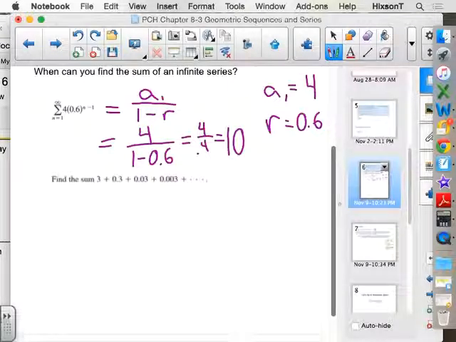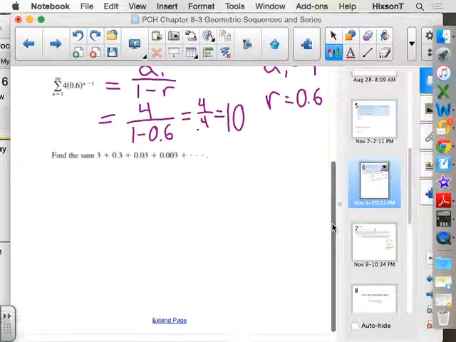Alright, so does everyone understand how we can use that? We did this one before in kind of a different context, but here we can do it even easier. The sum of this entire series, starting at 3, 0.3, 0.03, 0.003. What would a sub 1 equal? 3. And what would r equal? 0.1.